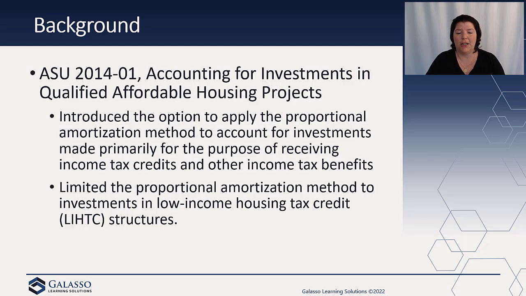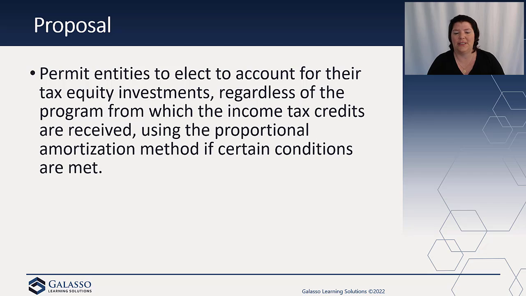And the question that came in, stakeholders have said that what they would consider to be economically similar investments, again, primarily for the purpose of receiving income tax credits, are getting very different treatment, because if they aren't in that specific area, then they don't qualify for the proportional amortization method. And so as a result, they believe that the accounting for those, what we call LIHTC structures, should be pretty consistent.